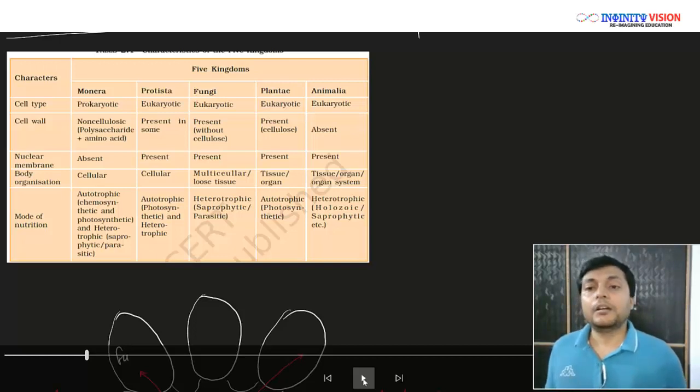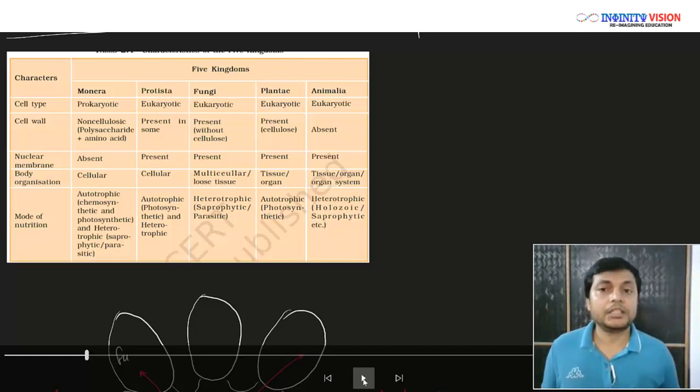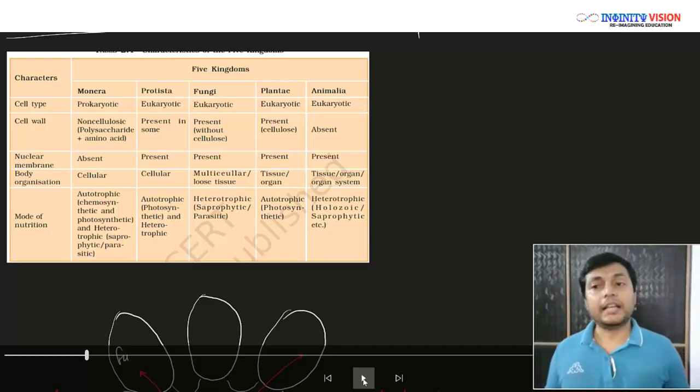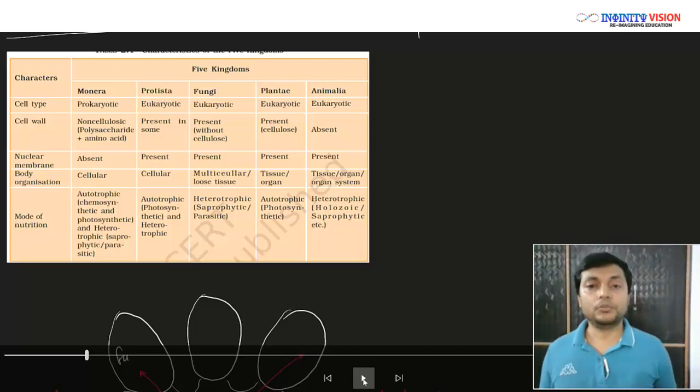When you see fungi, the cell wall will be present, but again it will be non-cellulosic. It is made up of chitin. It is a special kind of molecule. When we talk about plantae, they have cell wall made up of cellulose, and in Animalia there is no cell wall. Cell wall is absent.